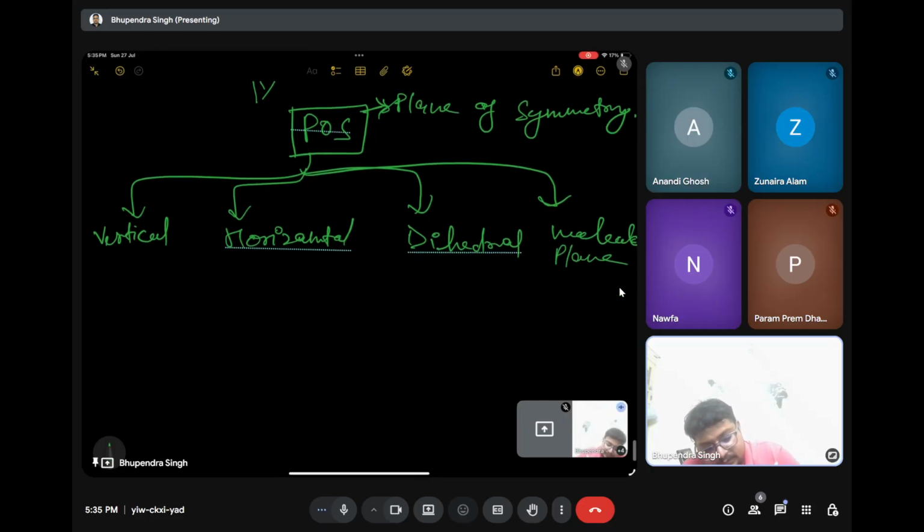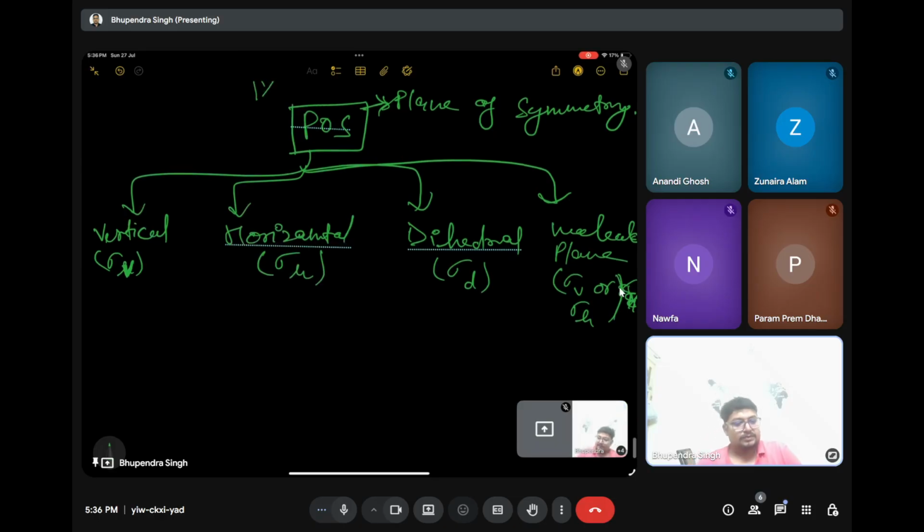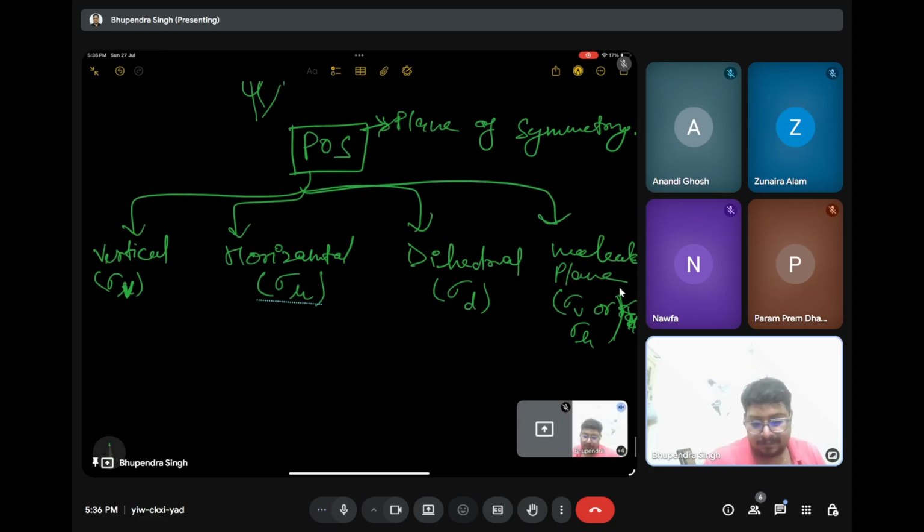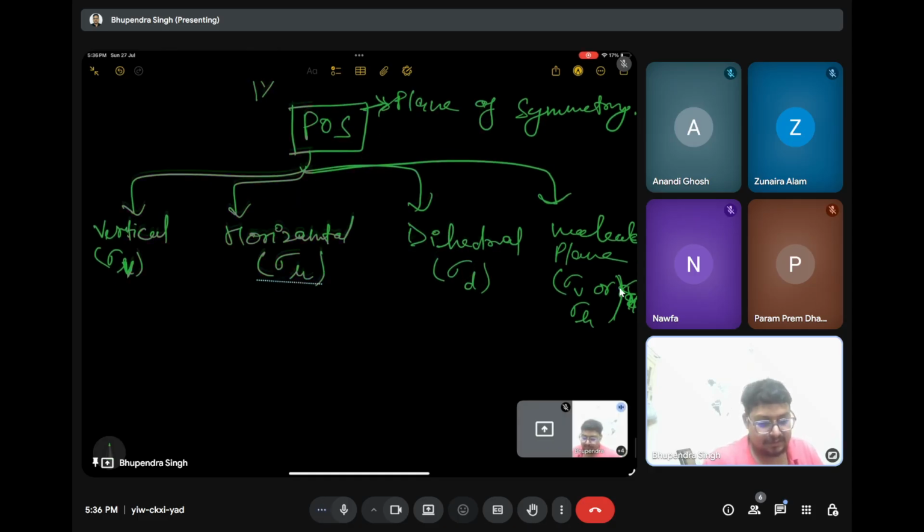This is sigma v, vertical; this is sigma h; this is sigma d; and this is sigma v or sigma h. So these are the types of planes present.